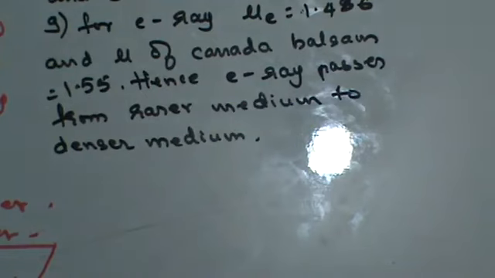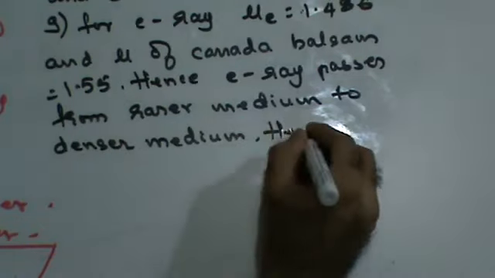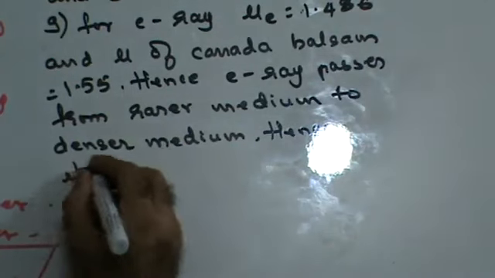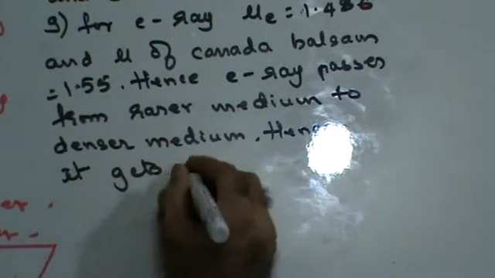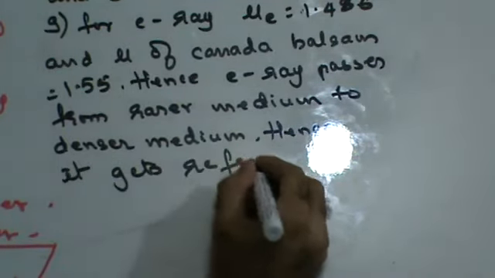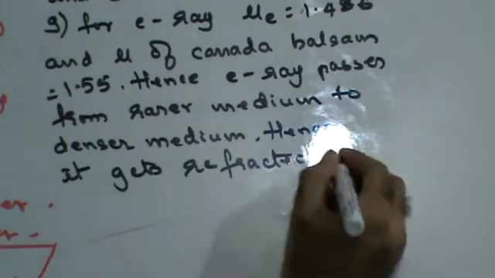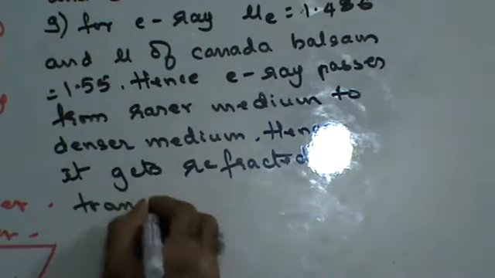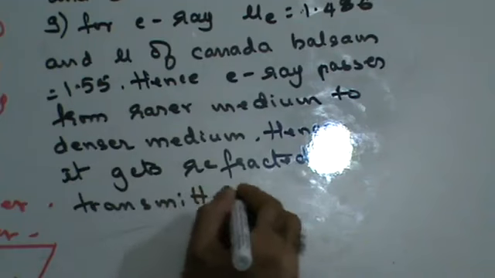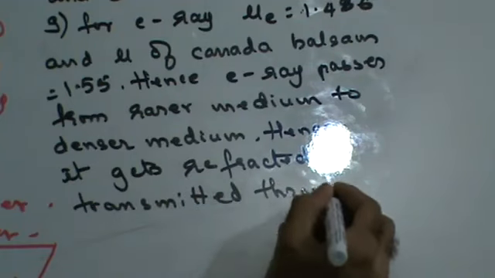If it is going to pass from rarer medium to denser medium, it gets refracted and transmitted through the Canada balsam.